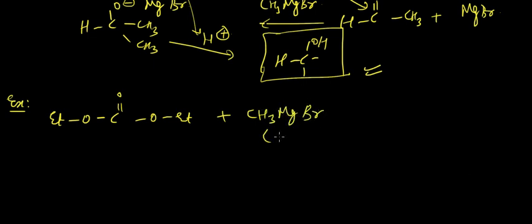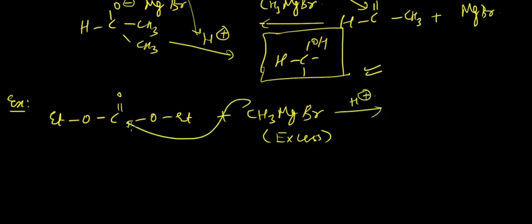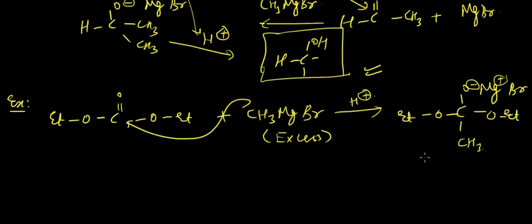You can take as much of this as required, and again we have acidic medium. What will happen? This will again attack on this carbon atom, we will get O minus Mg plus Br. I hope you are following and you are getting more fluent in the example practice.